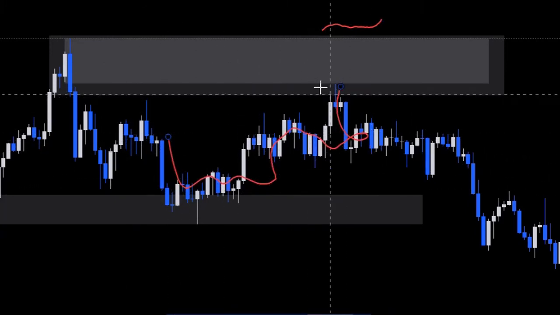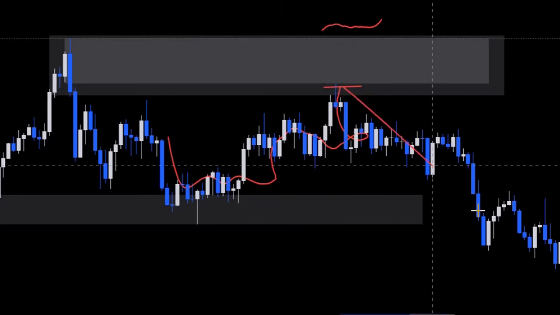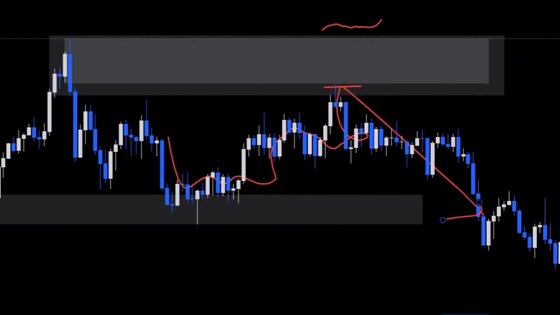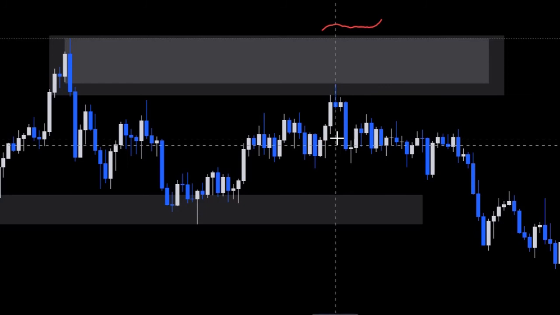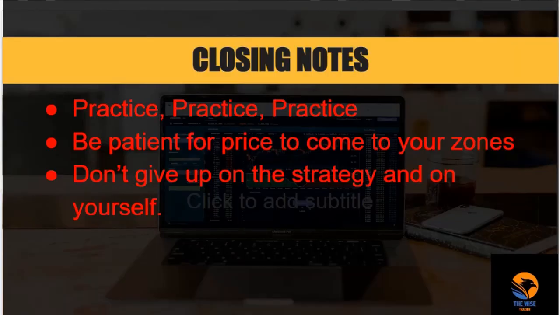But if you wait for price to come into your zone, it will be very minimal. You have minimal stress and you can just let the trade play out and do its thing. So don't give up on your strategy and yourself. Keep learning, keep striving, don't give up. Always be disciplined and stick to your rules, and trust me, trading pays those who are patient and disciplined.